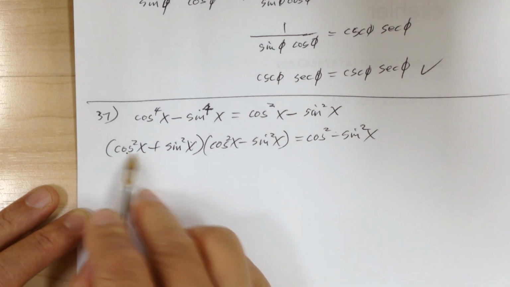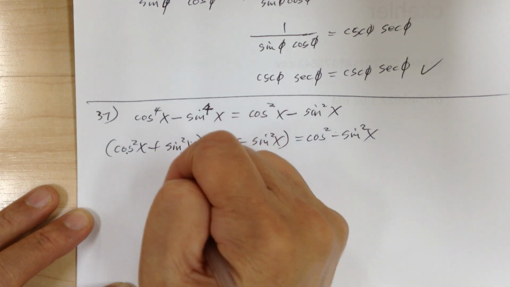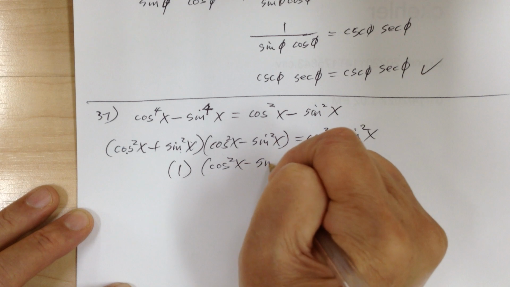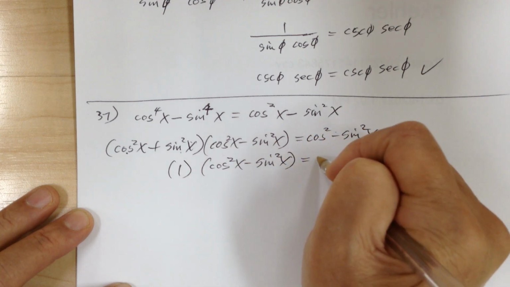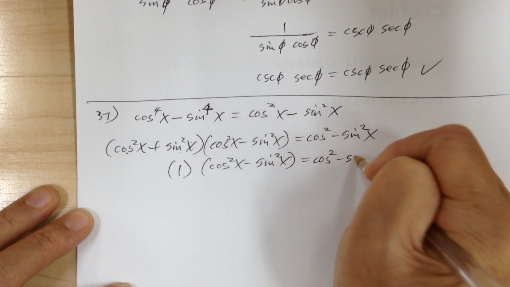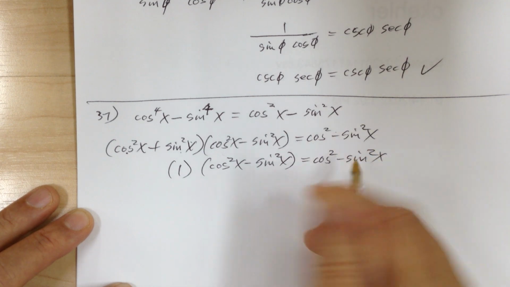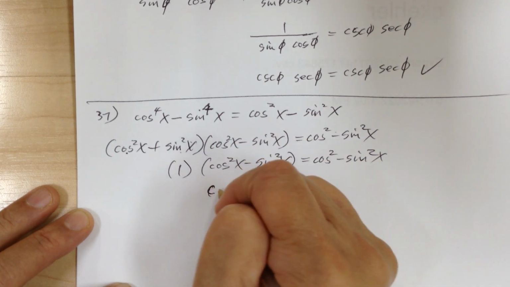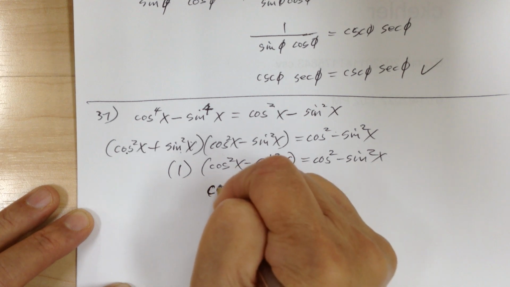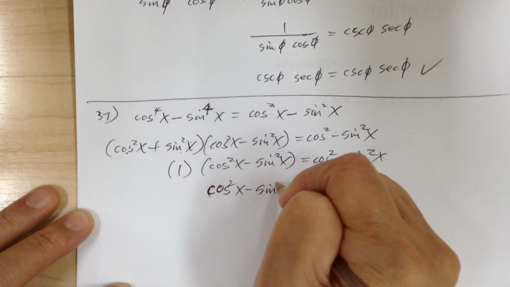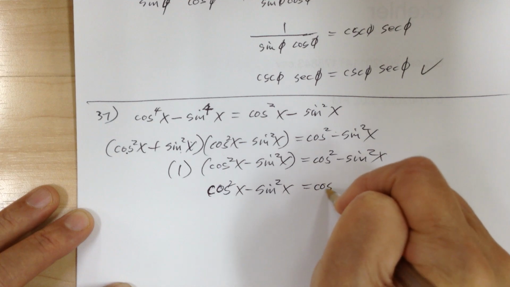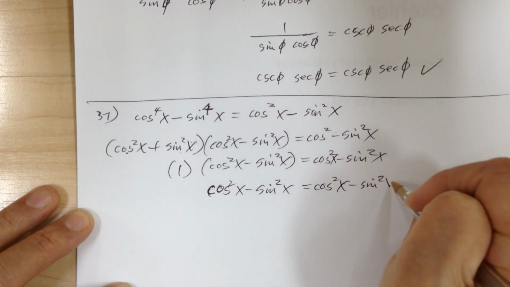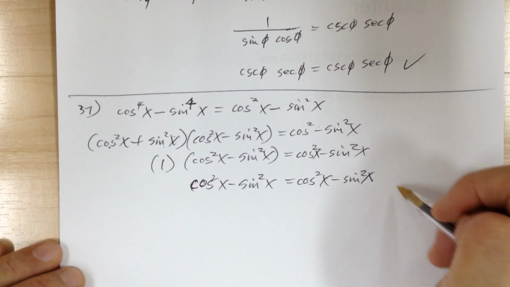But sine square plus cosine square equals 1, so this equals 1. And 1 times whatever is just the same, right? So this is just cosine square x minus sine square x, equal to cosine square x minus sine square x. Okay, and that's it, check.